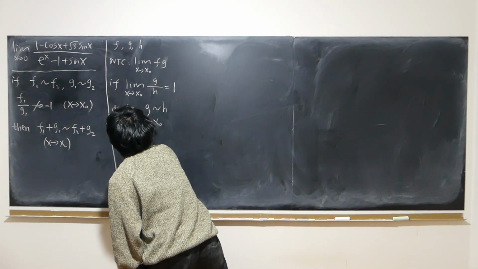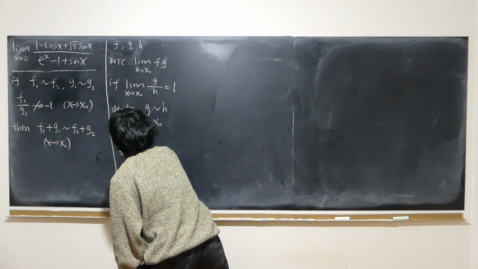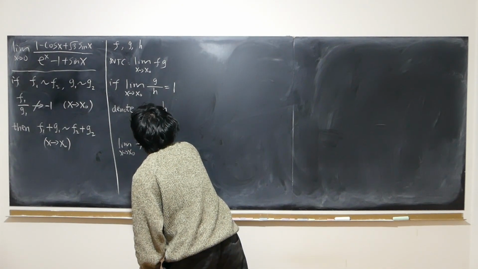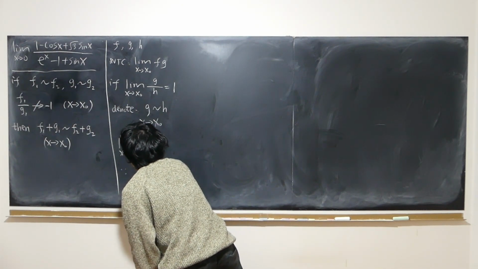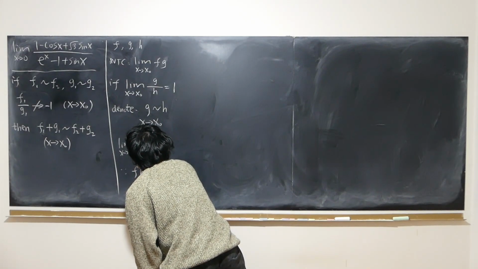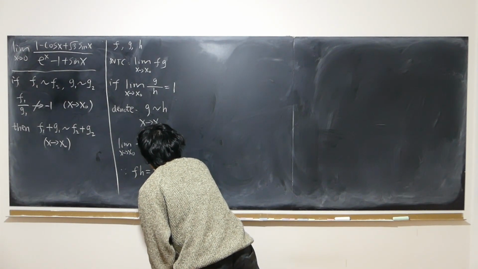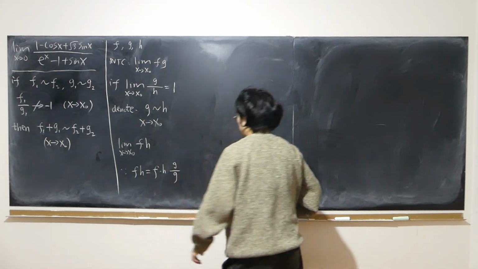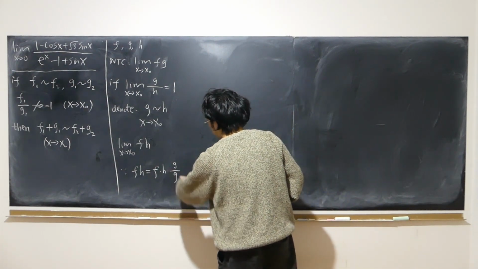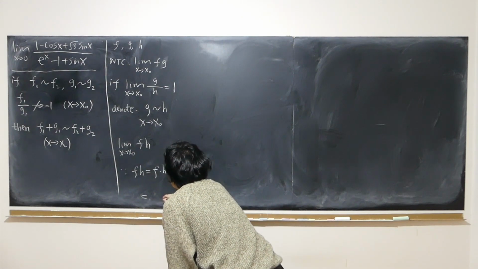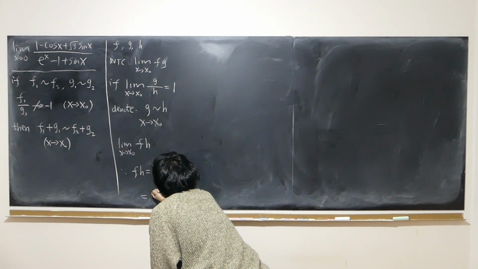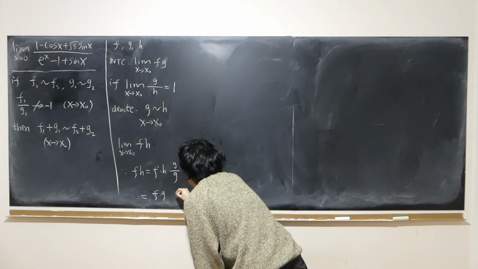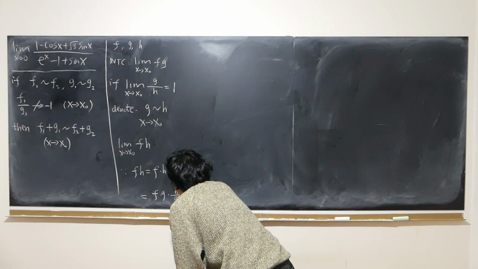So all we have to do is to calculate the limit as x approaches x naught of f times h. The reason is that f times g can be written as f times h times g over h.